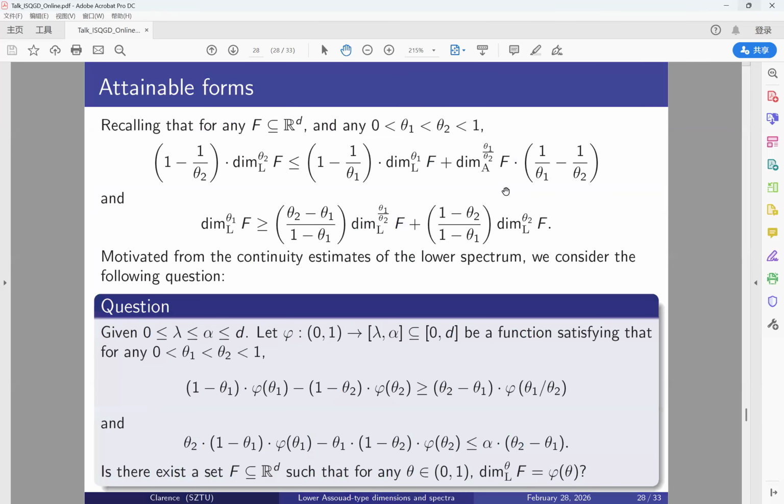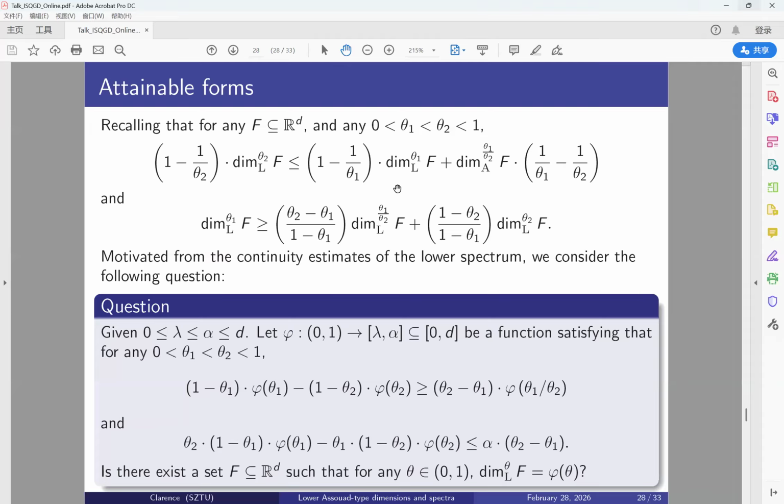Another thing is the attainable forms, or just to say the classification of the lower spectrum or lower dimension. Recalling that for any F, for any theta 1 smaller than theta 2, the lower spectrum satisfies these two inequalities. And motivated by the continuity estimates of the lower spectrum, one may ask the following question.